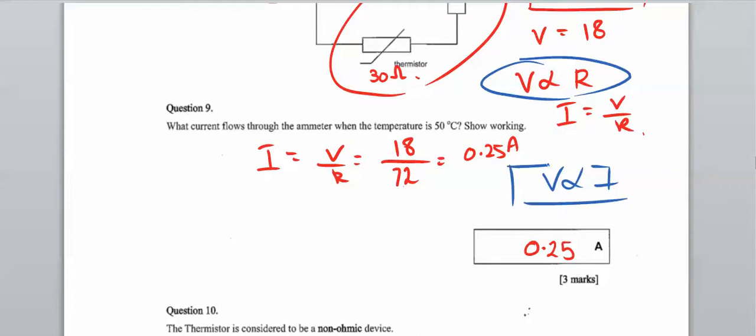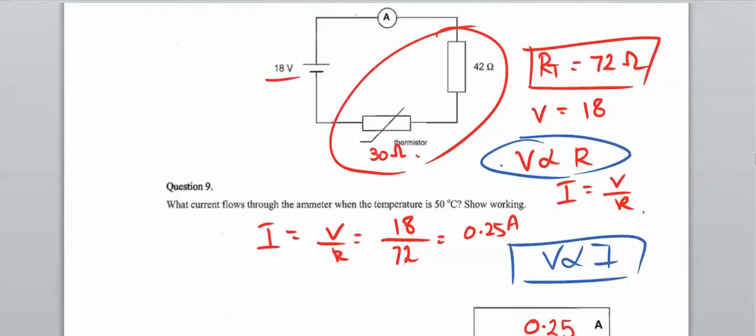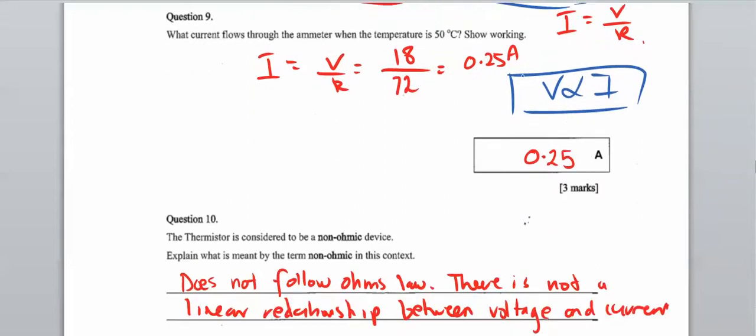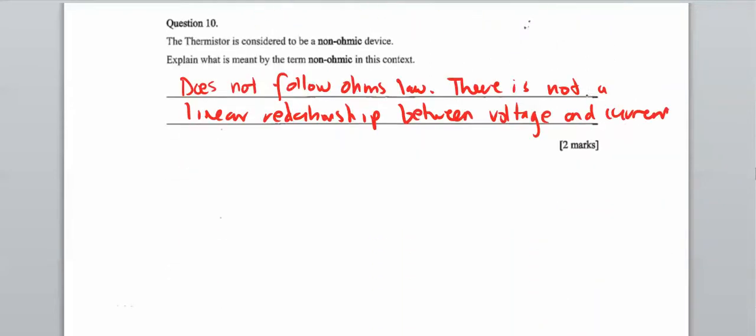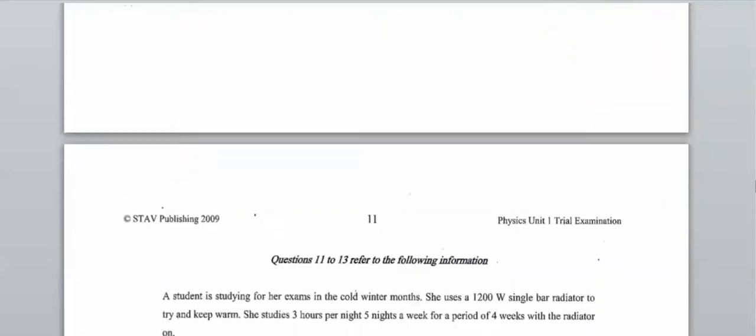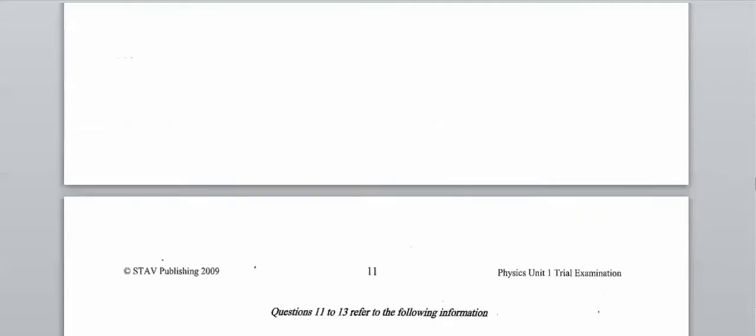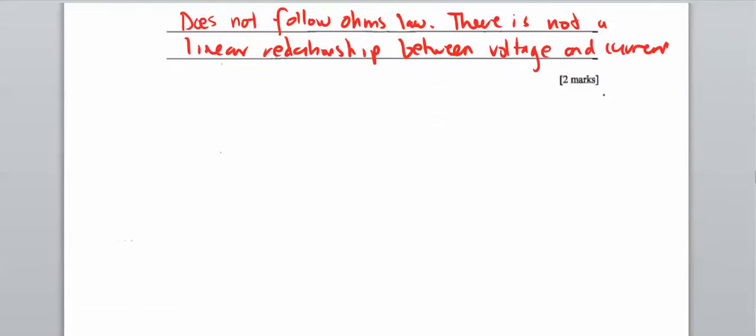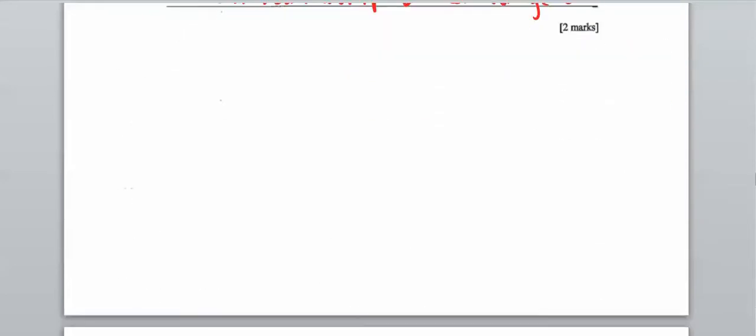Well, it is proportional to the current for this, but it's not a linear relationship. So it's not a steady, if you double the current, you double the voltage, and so on. So when looking at non-ohmic devices, they do not have a linear relationship.